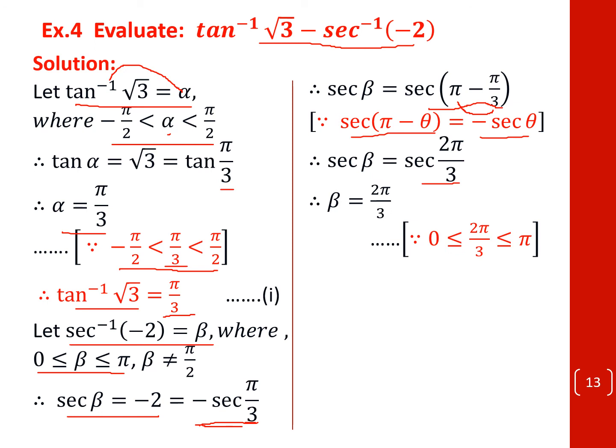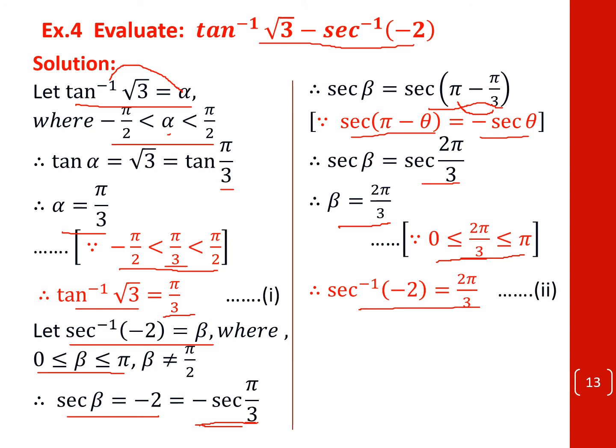Therefore, beta is equal to 2 pi by 3, where this 2 pi by 3 lies in closed interval 0 to pi, which is the principal value branch of sec inverse. Therefore, sec inverse of minus 2 is equal to 2 pi by 3. Call it as equation 2.